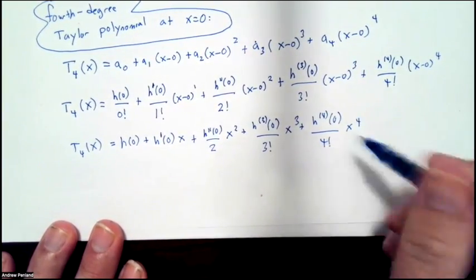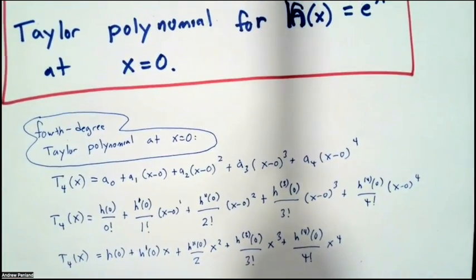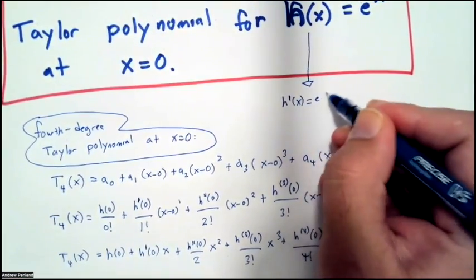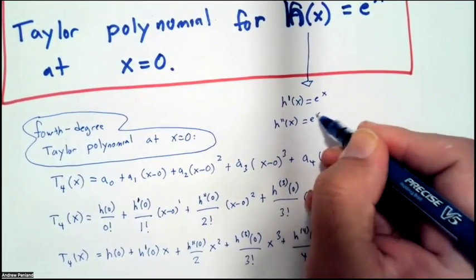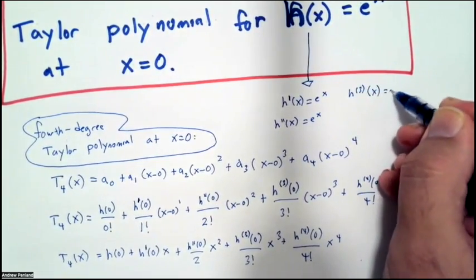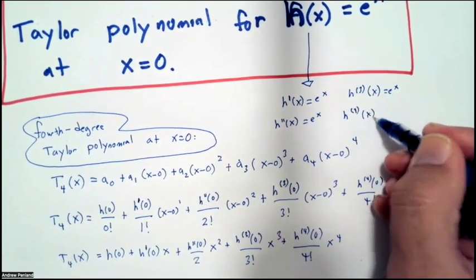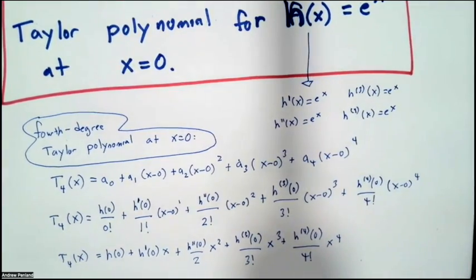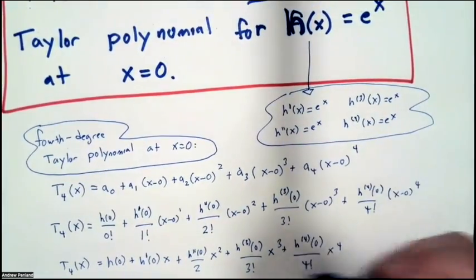So let's take our time, and now let's look at how we find these higher derivatives so we can plug in 0. It's helpful to remember that e to the x is its own derivative. So the pattern in finding these higher derivatives here is not too bad. Actually, all of the derivatives are equal to e to the x, from h prime of x all the way up to h quadruple prime, the fourth derivative. Now we're going to take this information.